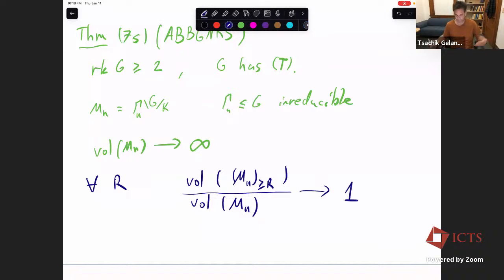So in particular the R-thick part is non-empty, and it's 90% or 99% or more and more, depending on the volume.